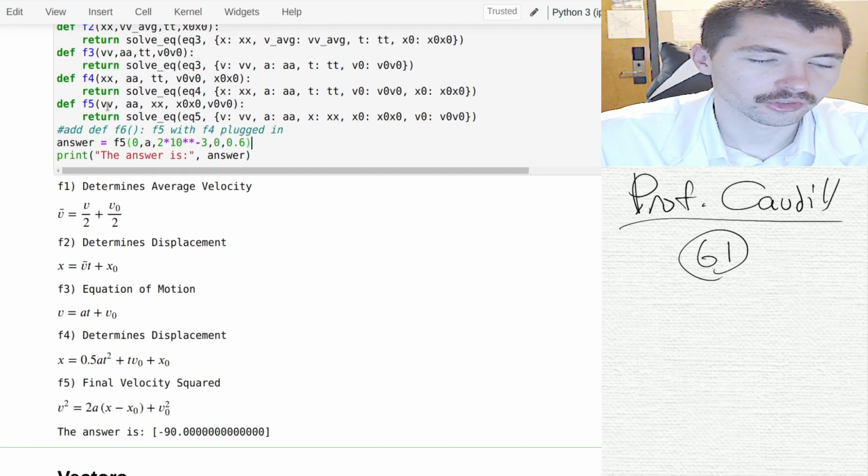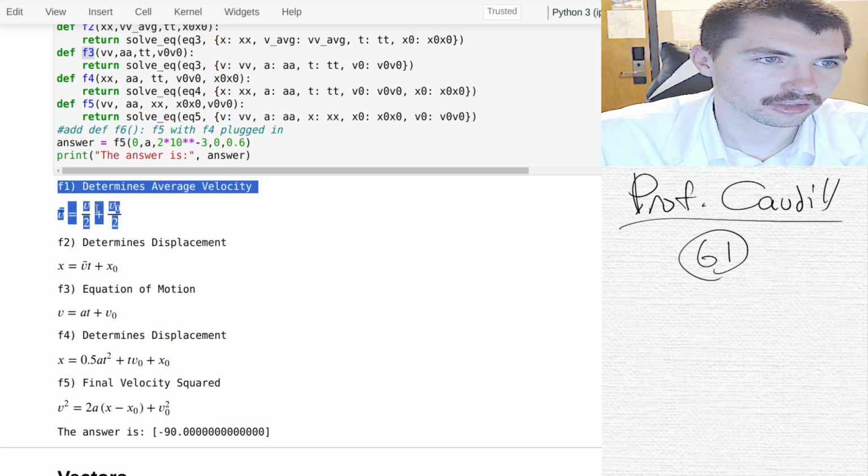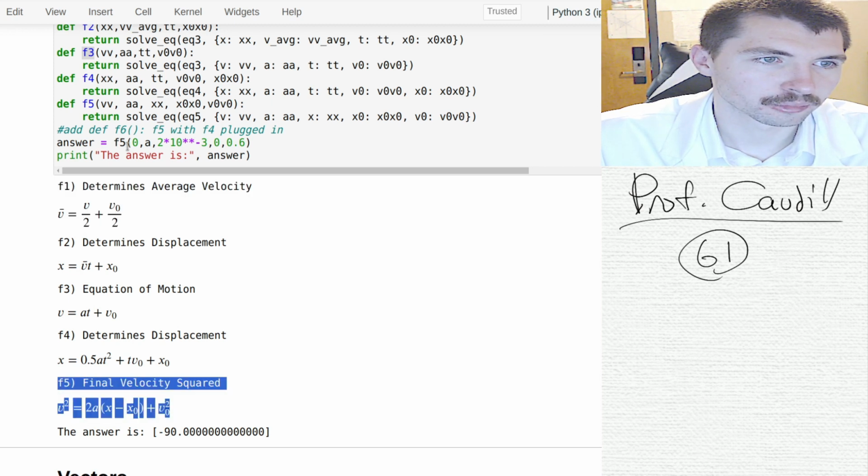So if you are using this, you will select your function. F3 matches up with these. If I want to use F5, I put in F5. 0 is your V, squared is V, so it'll be 0 squared.